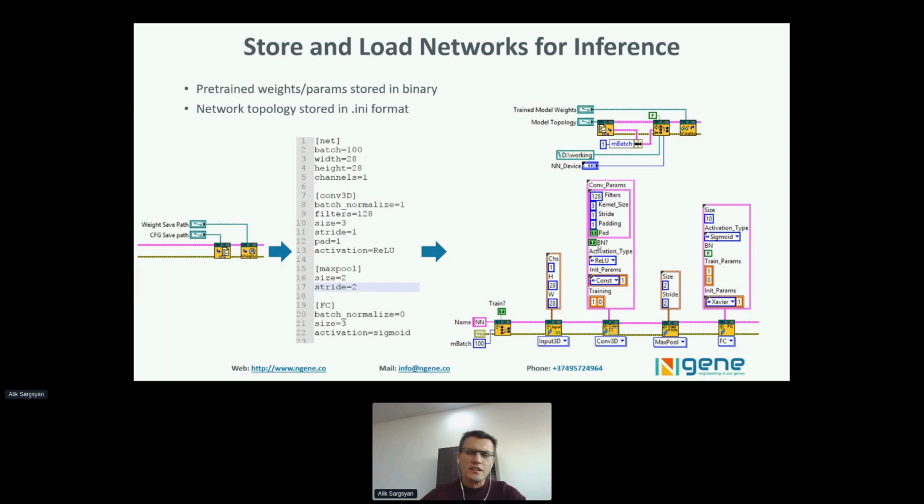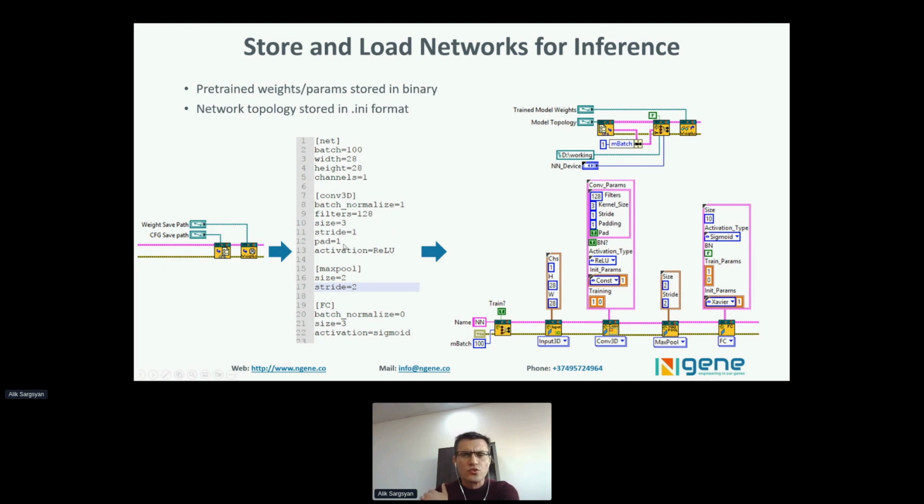The network topology, or the architecture of the network, is actually stored in plain text format, which stores all the configuration information related to all the layers involved in the network architecture. And the trained weights of the network are stored in a separate binary file.